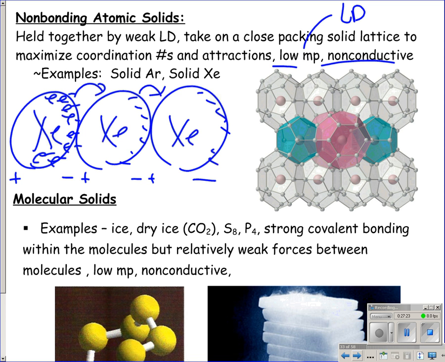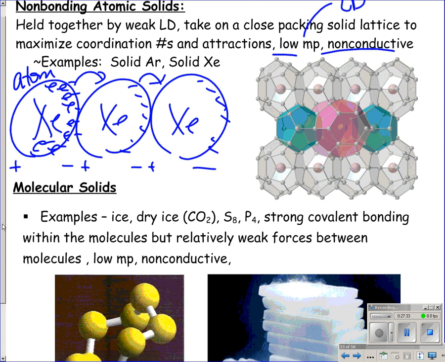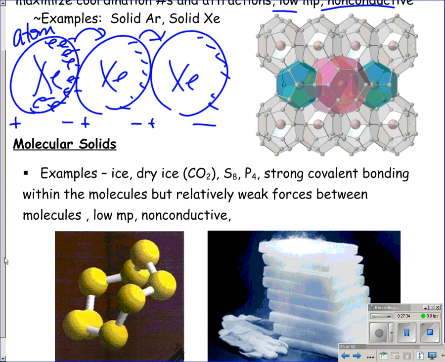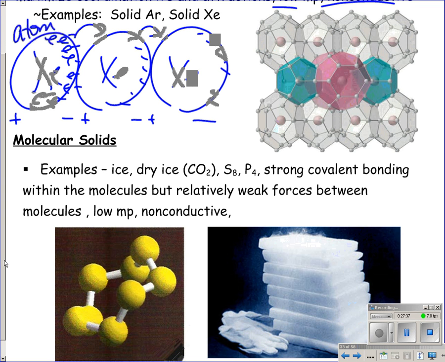So that would be an atomic solid because it's with an individual atom. And sometimes you'll hear atomic solids used for this next one too, but I'll tell you why. The molecular solid is the way I usually talk about it because it's actually molecules coming together via their intermolecular forces. My best example is dry ice, carbon dioxide.